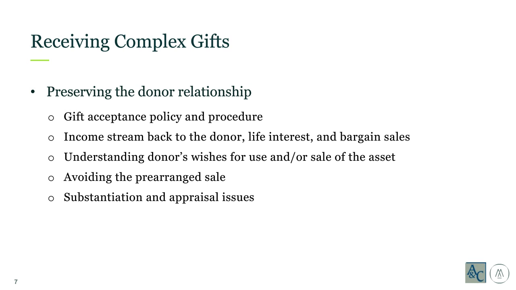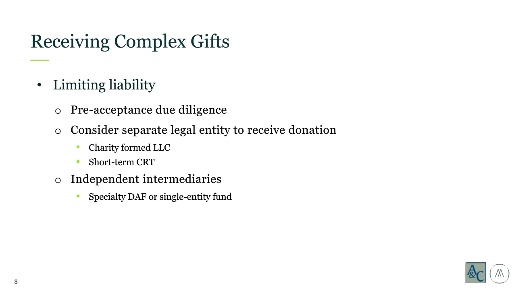So it's important to get these things right. A donor is going to be extremely unhappy if their deduction is denied because of some misstep of the charity that they just gave some huge asset to.